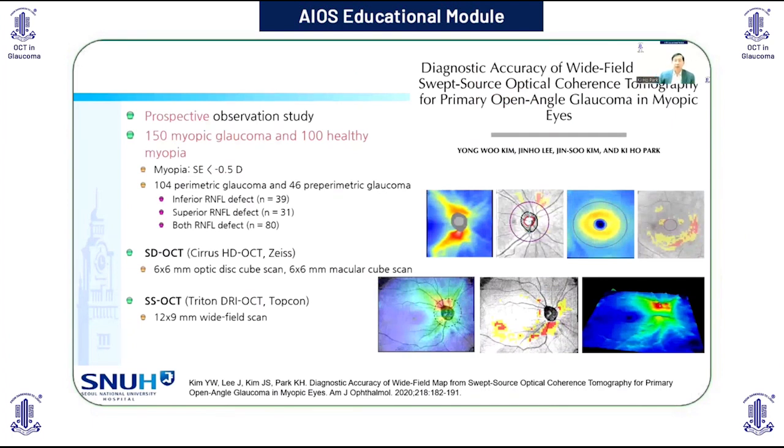This is another paper comparing spectral domain OCT and swept source OCT in myopic eyes. So more than 100 cases of perimetric glaucoma, 104 perimetric glaucoma, and 46 pre-perimetric glaucoma were enrolled in myopic eyes.